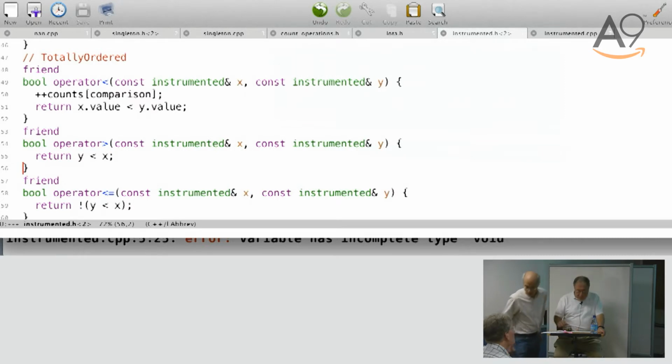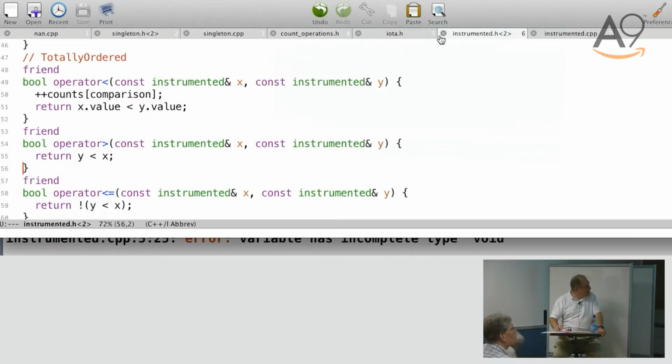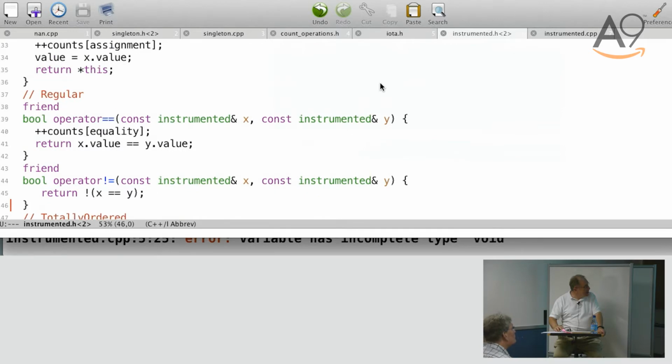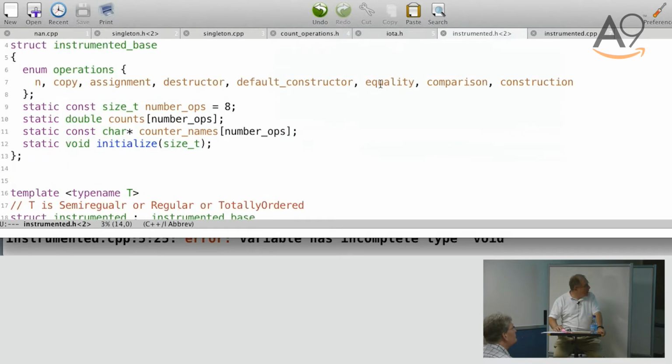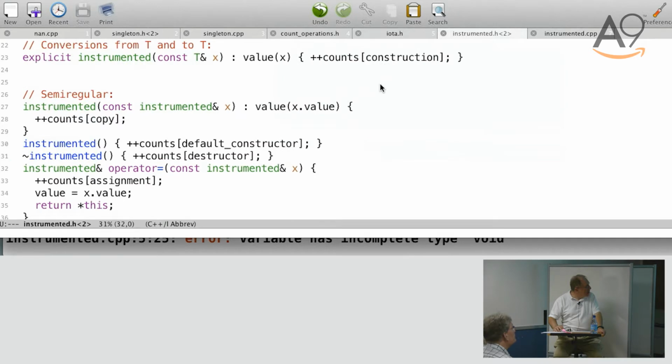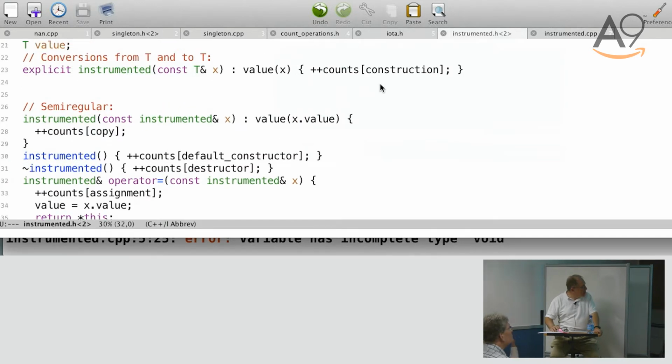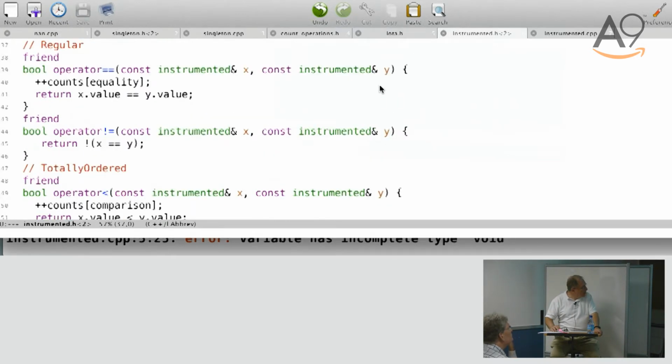Oh, thank you. So comparison, it says it doesn't know, but I was positive. Construction equality comparison. Comparison and a line. Comparison. So why doesn't it work?